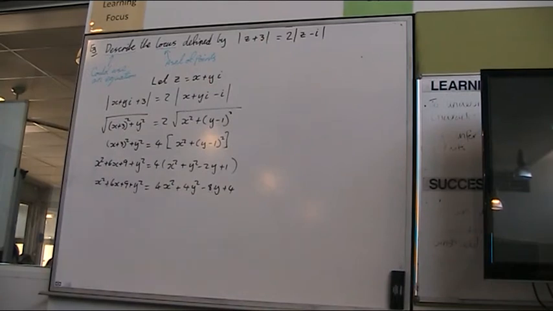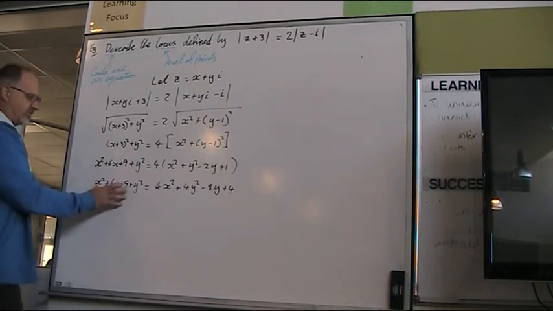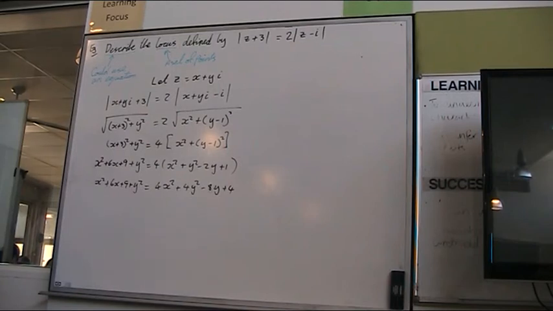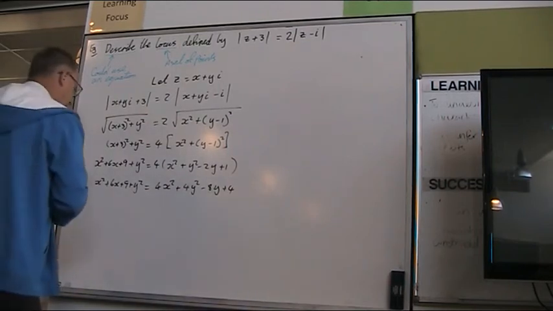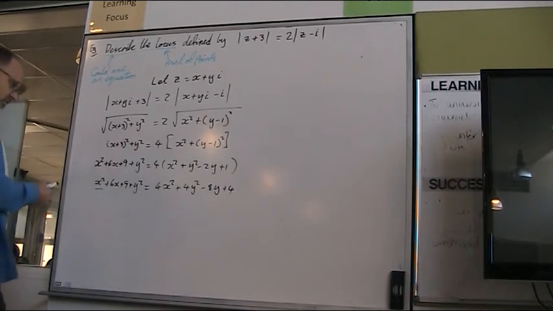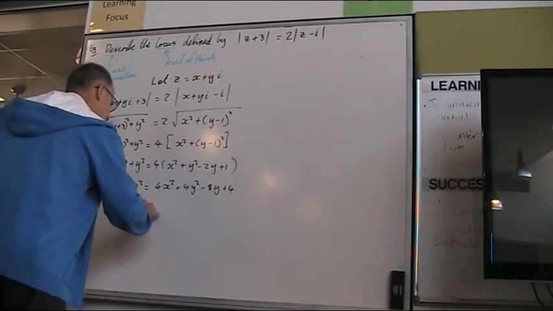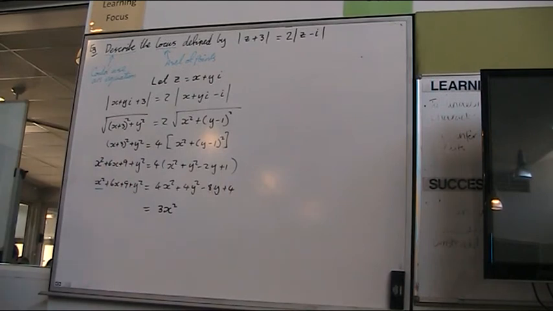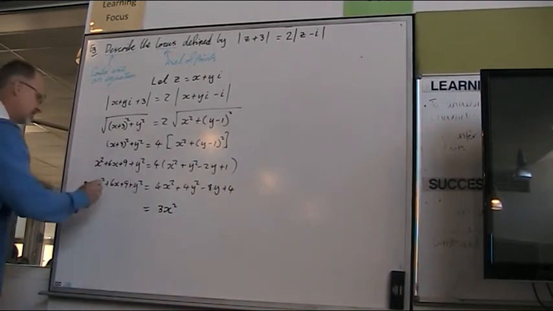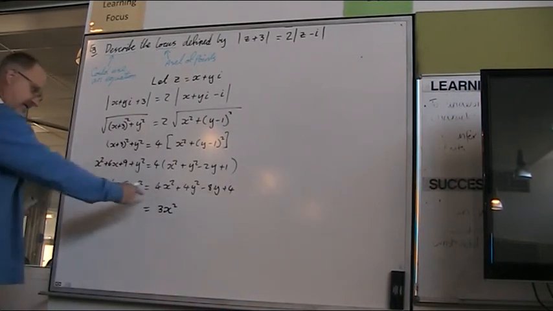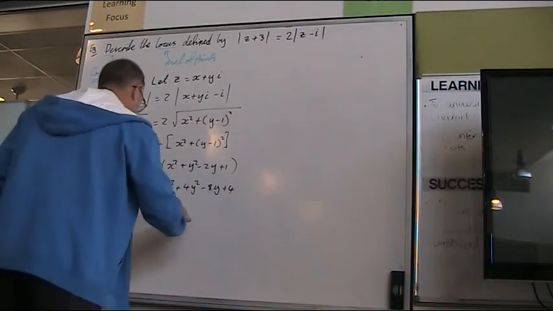Right, let's collect some like terms, shall we? I'm going to move all of that stuff over here first and then have a look and see what we've got. So I've got x squared that I've got to take away, so I'll now have 3 lots of x squared. I've got 6x that I've got to take away, and there's no x's there already, so I've got to take 6 of them.